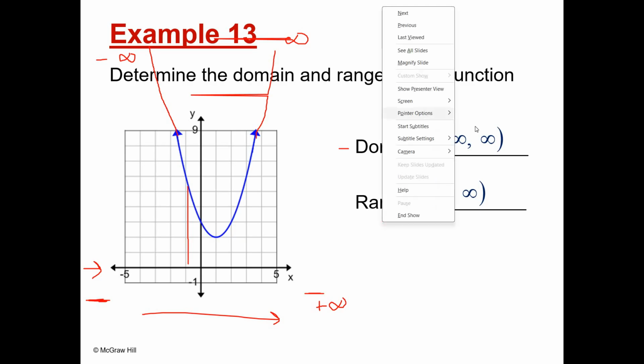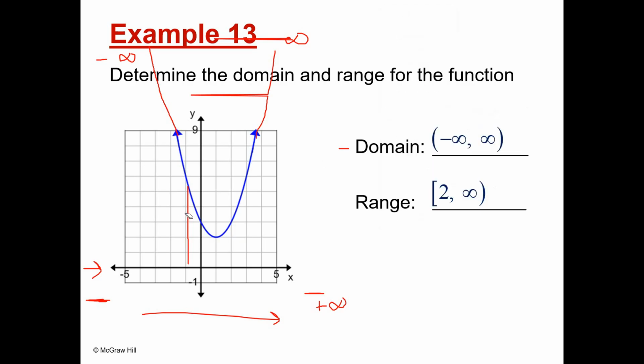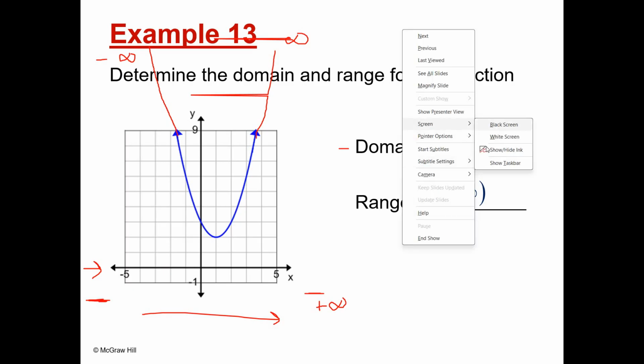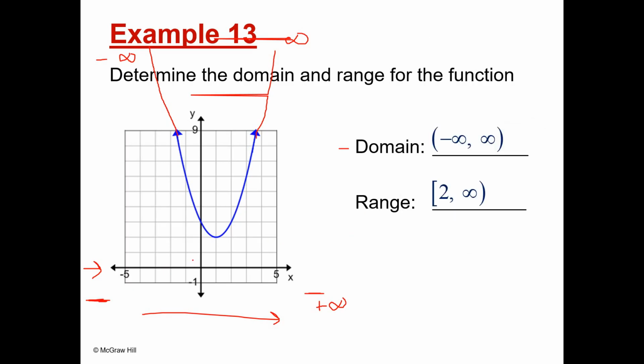Let's see now how to find the range of a function. The range is the set of all y values. So now we want to look at the y-axis over here, and we start from below and go upward in this direction.